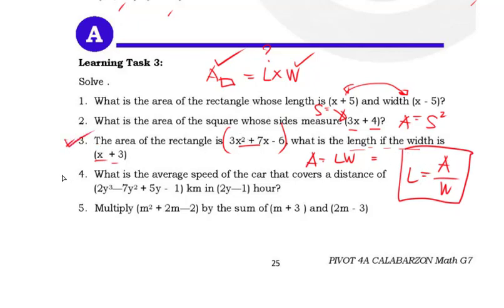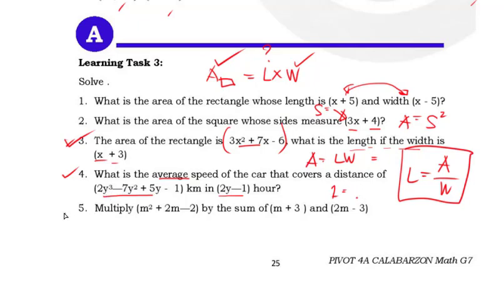Number 4, what is the average speed of a car that covers a distance of kilometer in 2y minus 1 hour. So, ano po ba ang formula ng speed? Kilometer per hour. So, hinahanap po natin average speed. Pag isang oras, ilang speed po kaya niya? What is his speed in kilometer per hour?